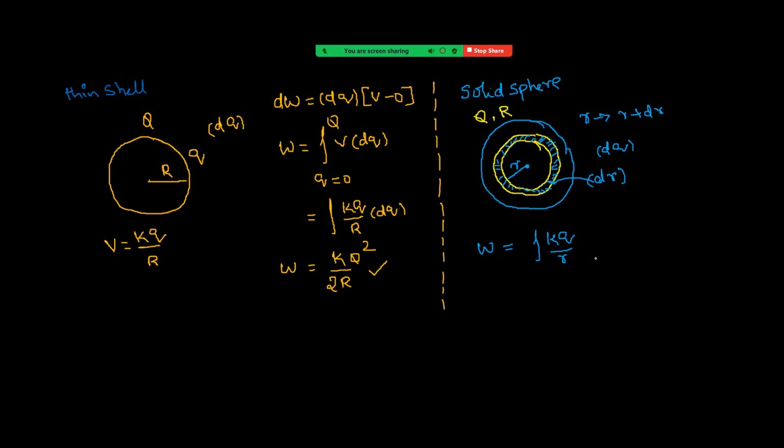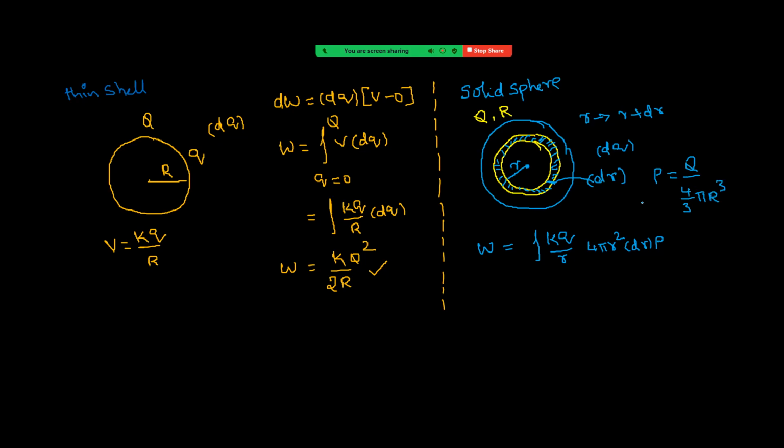Then see, the extra charge will be 4 pi r square into dr. That is the volume of this part. The volume of this part is how much? 4 pi r square into dr, into density. Density is rho, where rho equals total charge Q upon volume, 4 by 3 pi r cube.